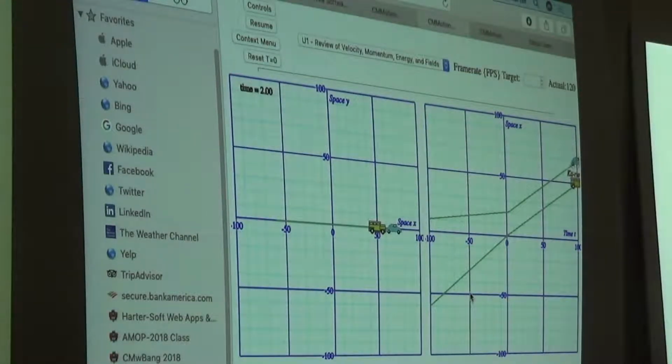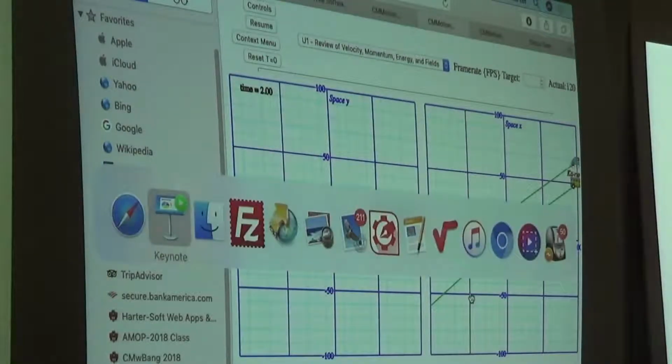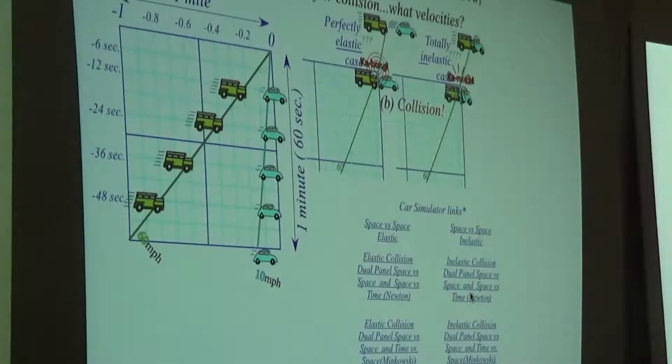Now let me go back here. This is the thing about these animations: they don't occur on the slides that you have. The slide takes you to the browser to show the movie. Someday we'll have that. Now here's another view of that same collision, but in Minkowski plots.